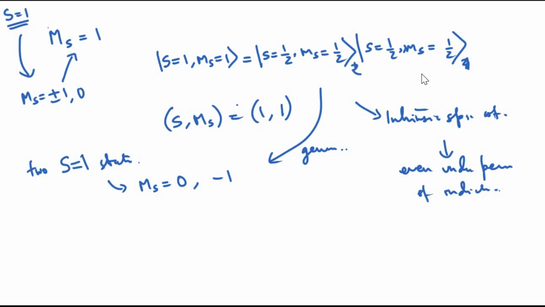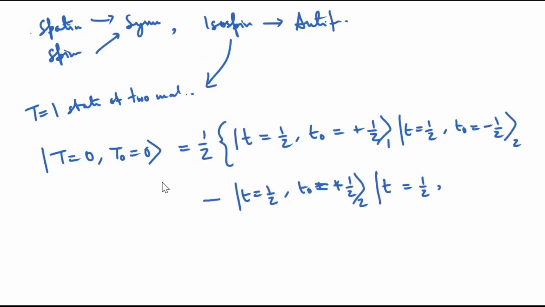So this means it is symmetric, and the other two S is equal to 1 states having MS equal to 0 and -1, they can be generated from this wave function itself. So overall the spin component is symmetric. So this means that here the spatial component and spin component are both symmetric. So this means the total wave function can be antisymmetric only if the isospin is antisymmetric.